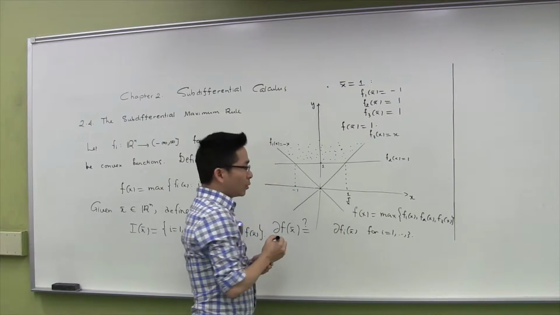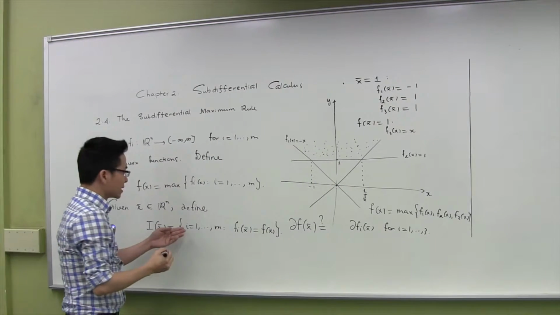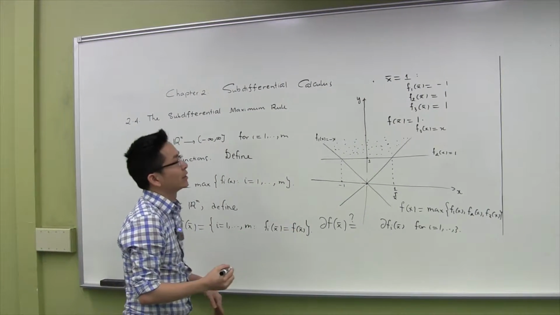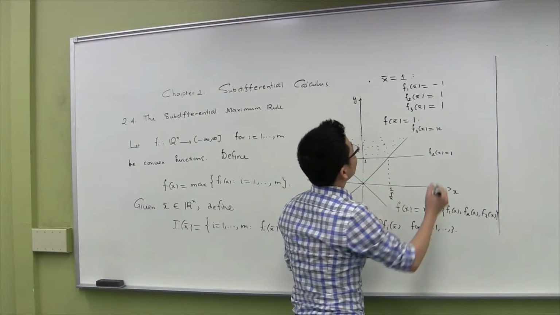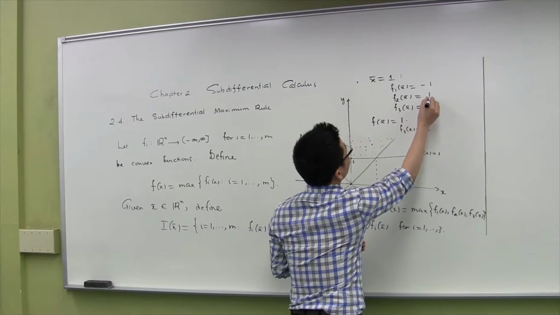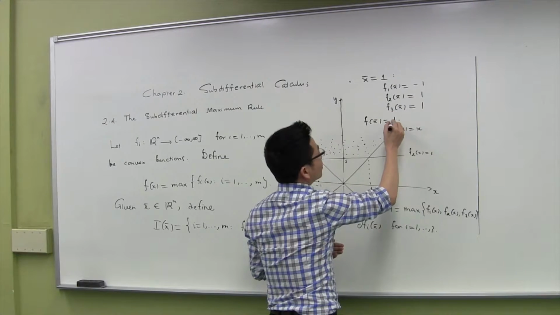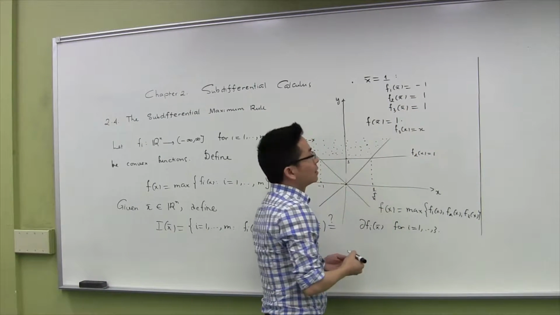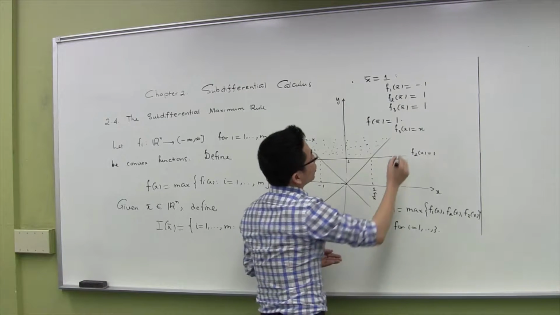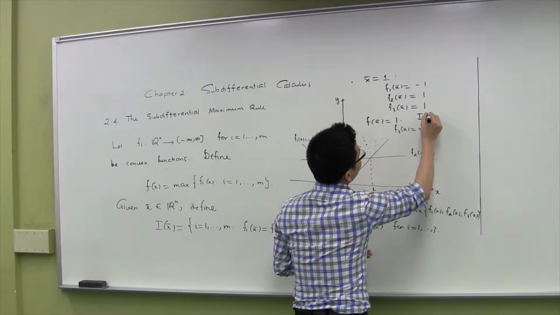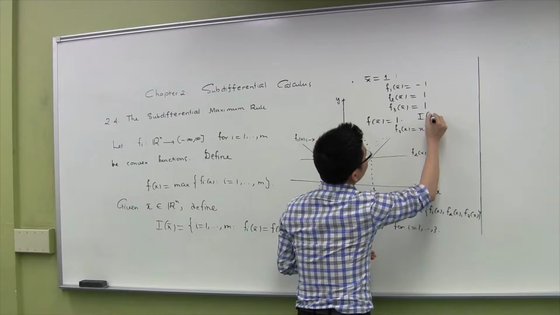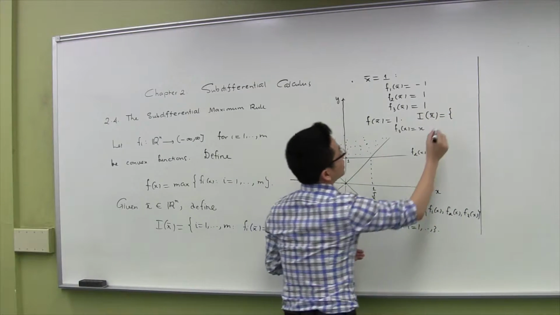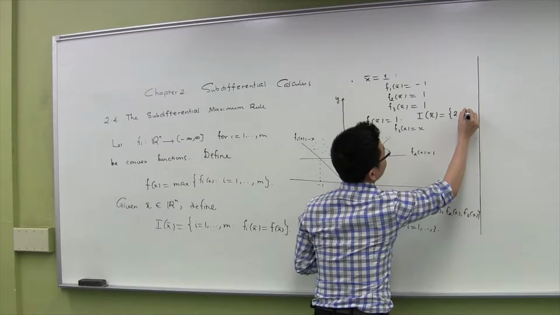Now, if we look at the set of all indices i such that fi of x bar is equal to f of x bar, we see the following. f2 of x bar is equal to 1, and it is equal to f of x bar. And f3 of x bar is also 1. So the set of all indices i such that the maximum is attained is equal to {2, 3}.